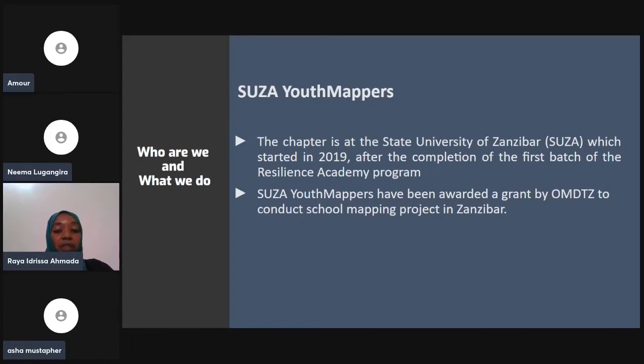And luckily, after getting the grant from OMDTZ, we were able to conduct the school mapping project involving other stakeholders in the education sector. For example, in the beginning, while we were preparing the proposal, we went and talked to the people from the Ministry of Education and Vocational Training in Zanzibar, to see which data they are interested in collecting.